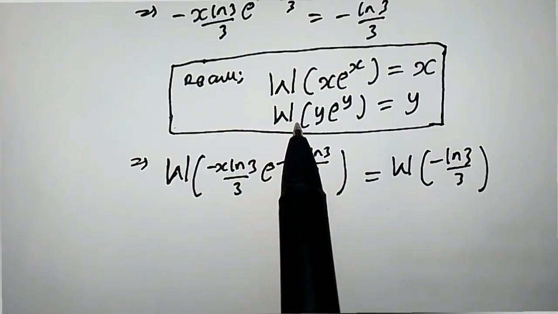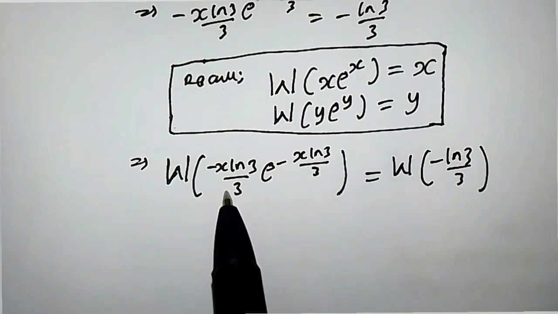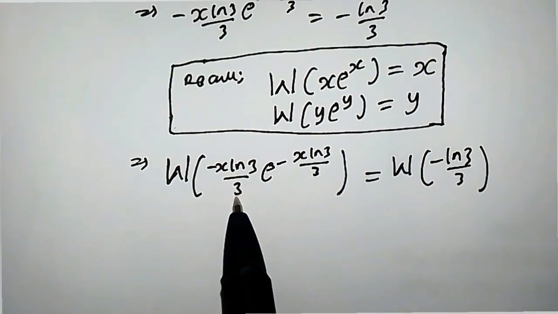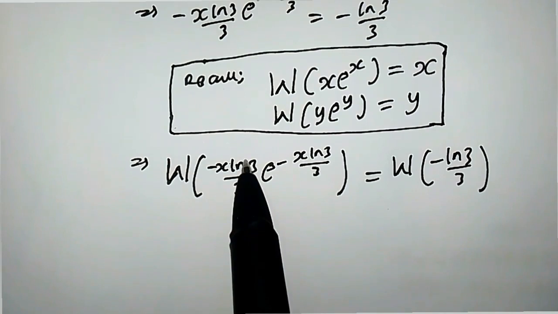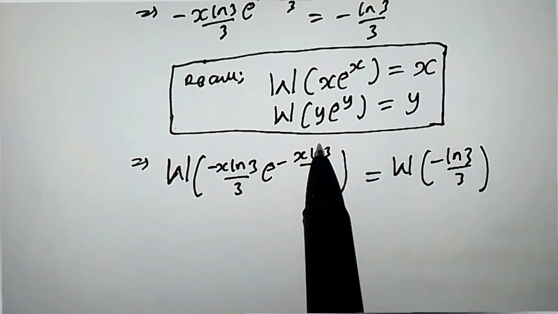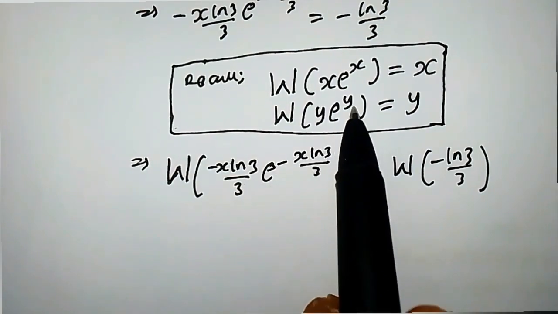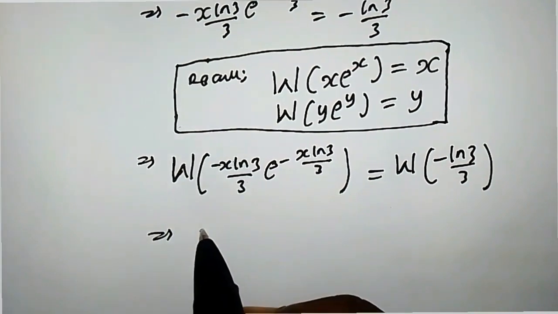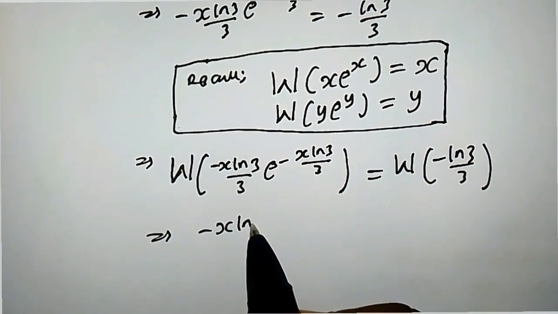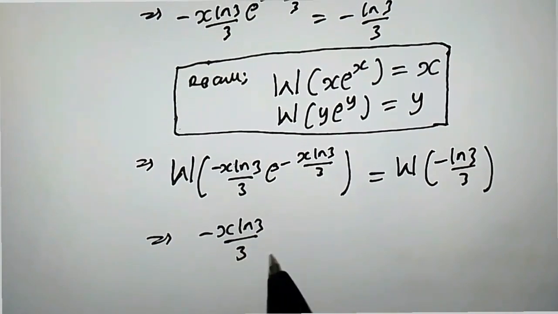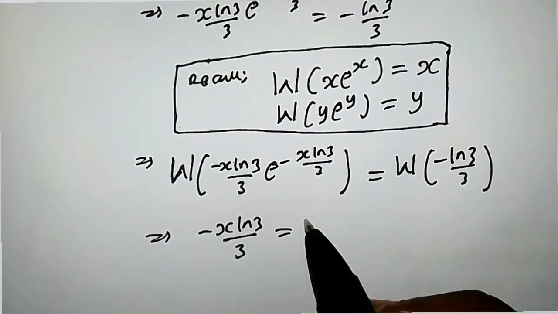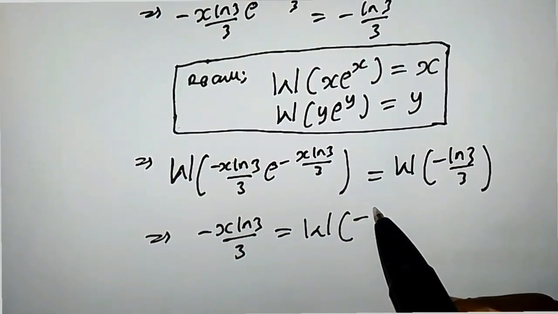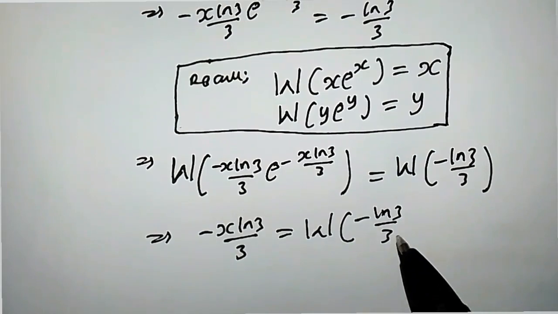Applying this Lambert W function formula to the left hand side, you observe that this whole term here is y, and this exponent is y. This implies we're going to have minus x ln 3 all over 3 is equal to W of minus ln 3 over 3.